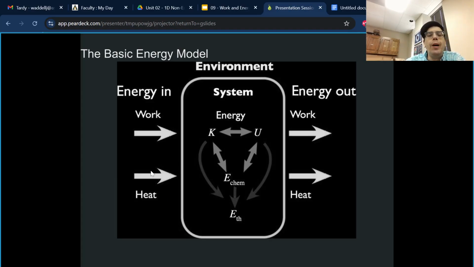So what's happening is you would think of the boiler as a separate system from the rest of the train. And so that boiler is releasing heat. That heat is going into the rest of the train.